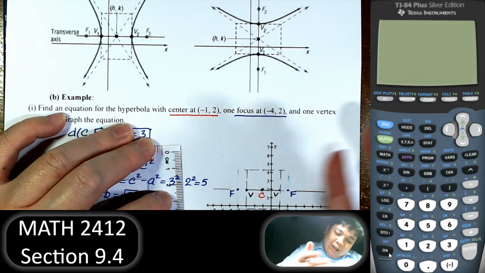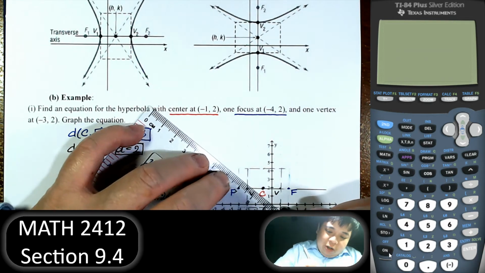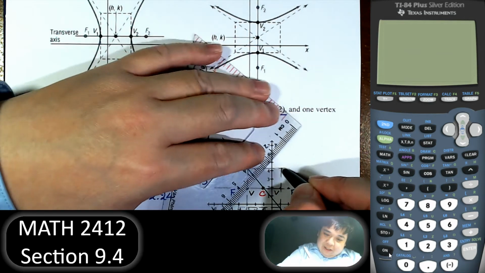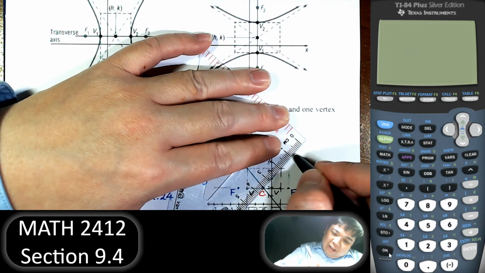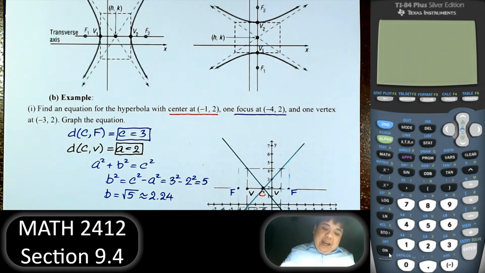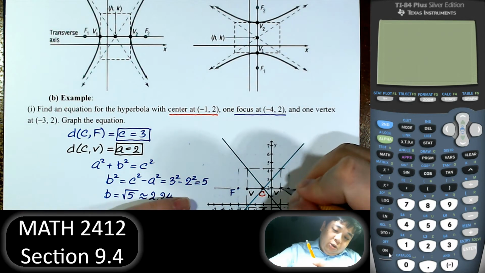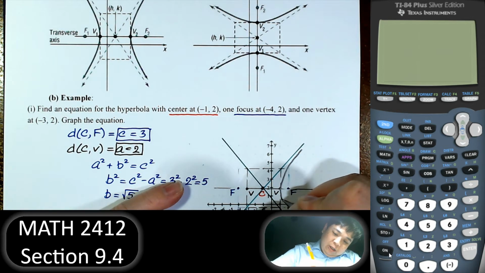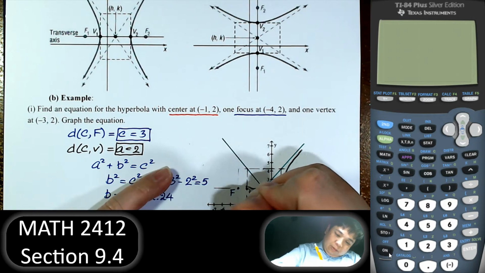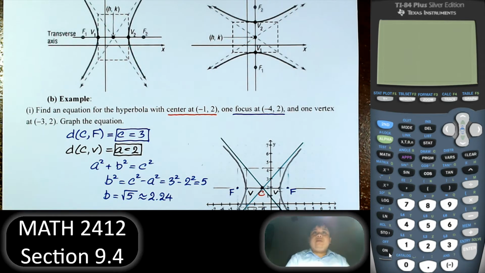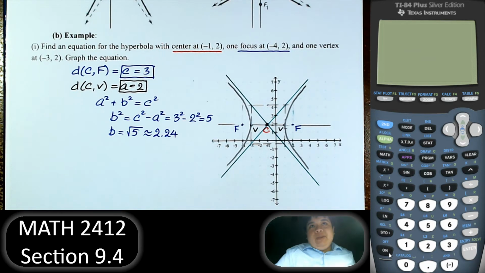Right. So that is the box. I'll draw the diagonals. And since the transverse axis is horizontal, the hyperbola is also horizontal, approaching the asymptotes from the vertices. So that's simple enough, right?